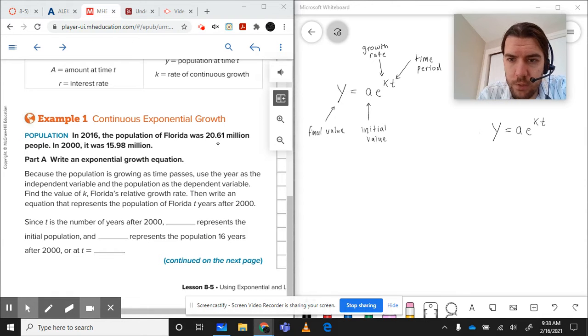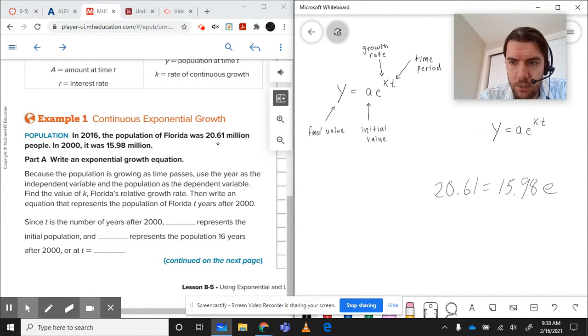So I'm going to say 20.61 equals the initial value, 15.98, times e to the kt. Now we're looking for a growth rate, which we do not have yet. But we do have a time period. That time period looks like it's covering 16 years. So k times 16. Okay.